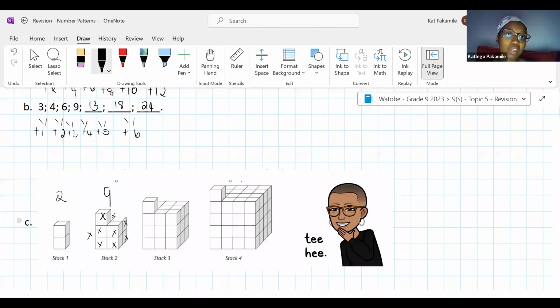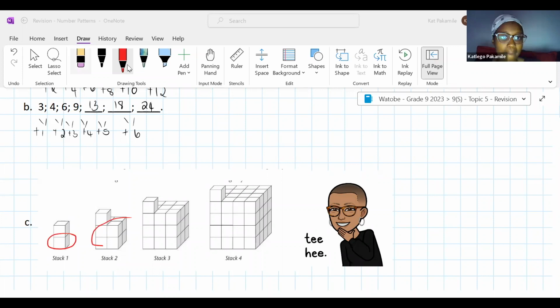So let me give you guys a clue. Let me give you guys a nice clue. What are these shapes? This shape that's at the bottom over here, what is it? Do you have any idea what this shape is?